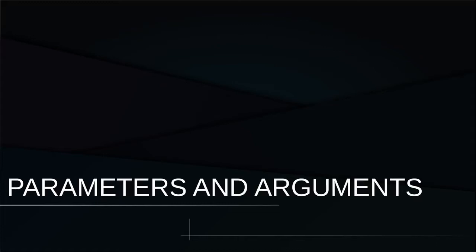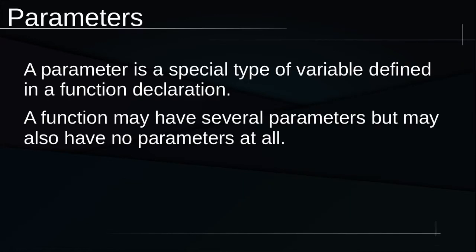In this video, we will talk about parameters and arguments. A parameter is a very special type of variable defined in a function declaration. A function may have several parameters separated by commas, but may also have no parameters at all.